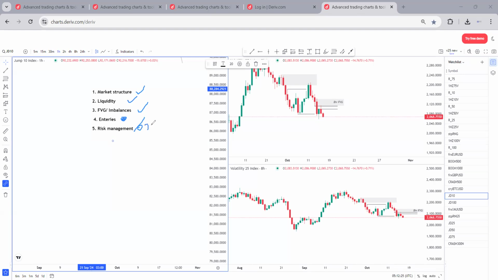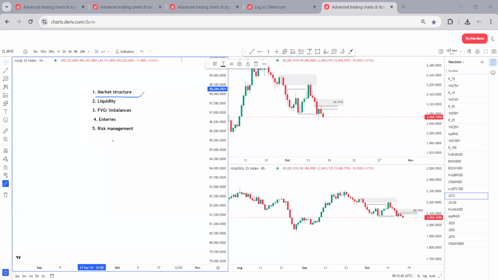All right, so you can put trade management as part of your risk management approach. Let me elaborate a little bit on these things.